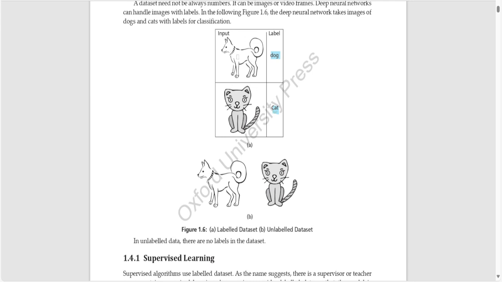After seeing this image, if you remember, we have taken an example of object detection in an image. So suppose we have given a data set to train our model, that this picture is of a dog, and this picture is of a cat.